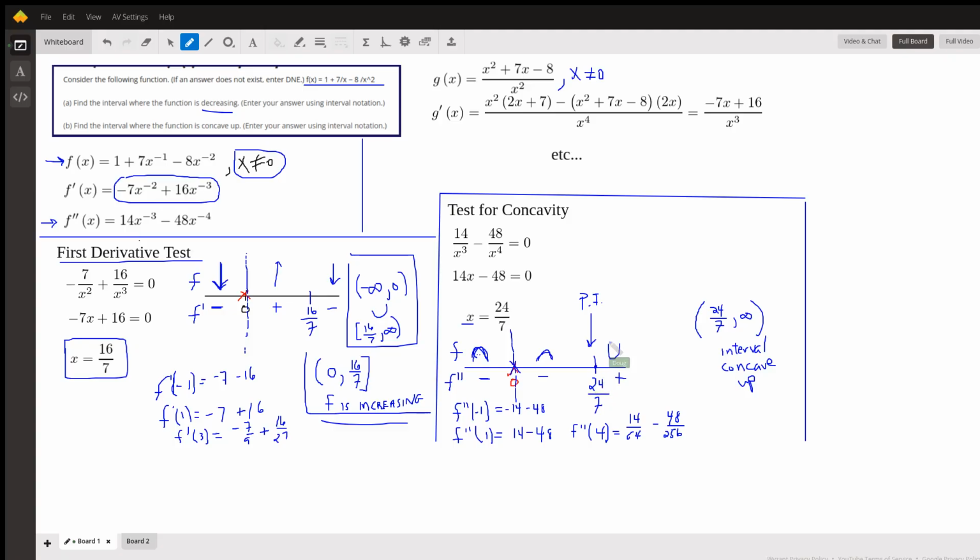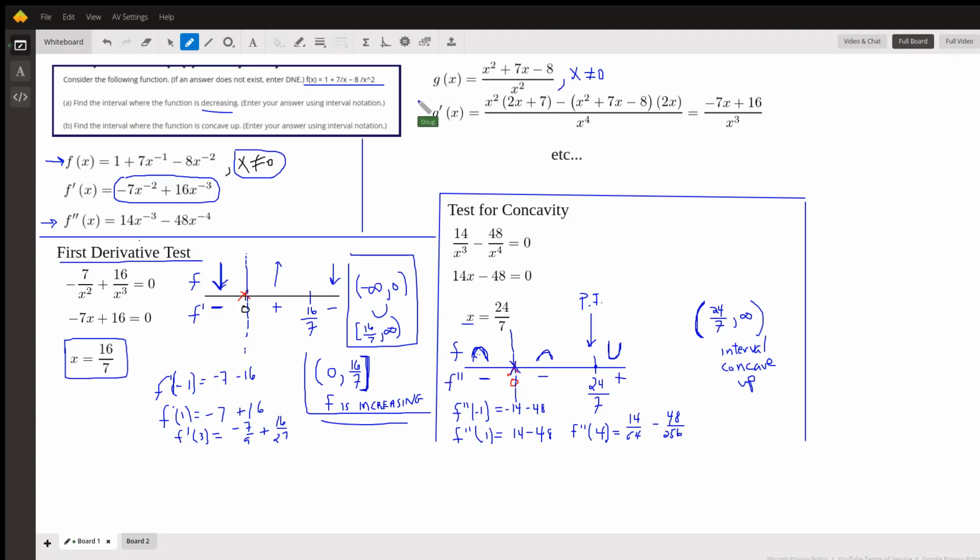The interval on which the original function is concave up is from 24/7 to infinity. Note that we don't include the 24/7 in the interval for concave up, whereas for intervals of increase or decrease, we actually include the 16/7.